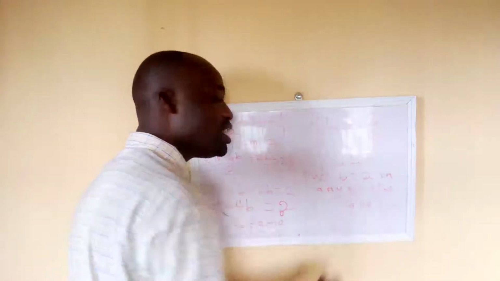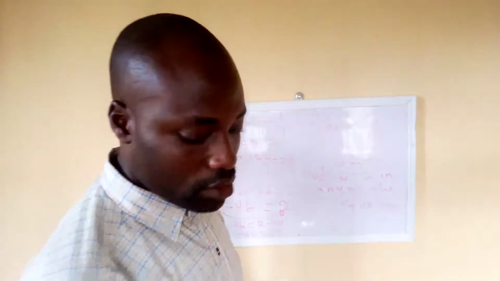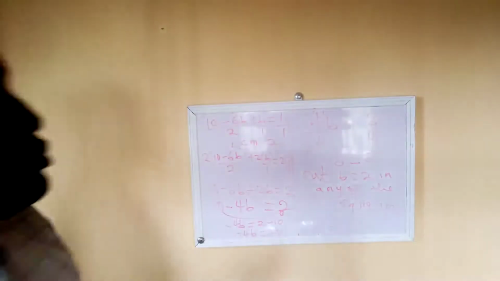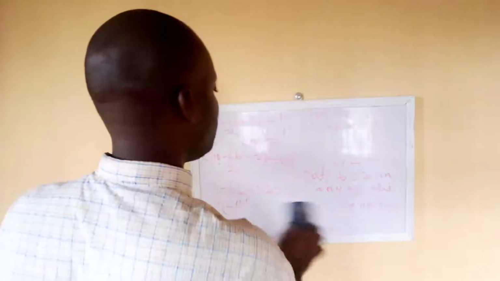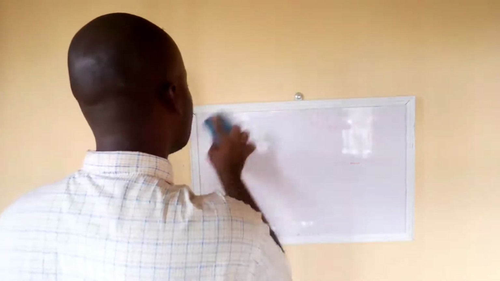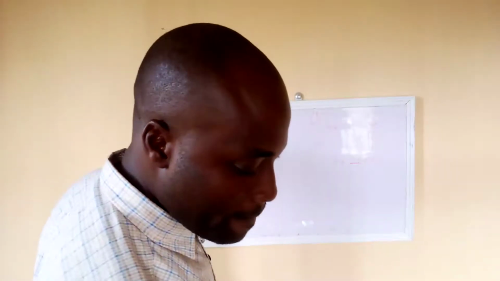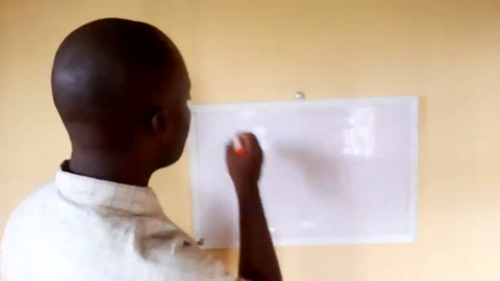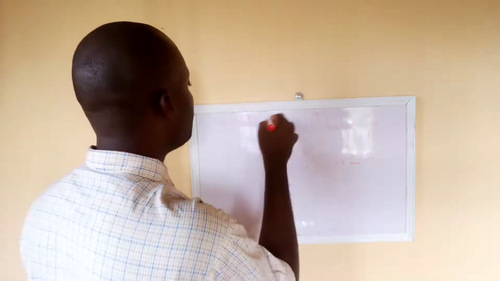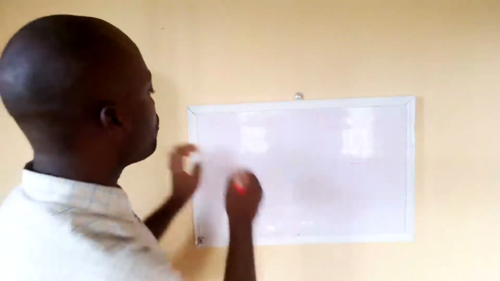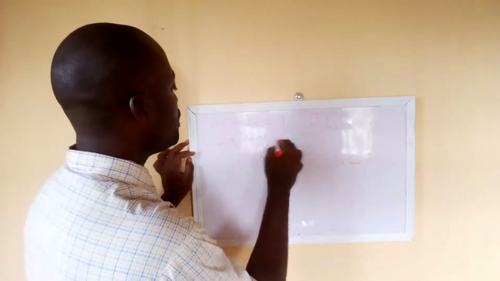Whether you are using equation 1 or equation 2, you are still going to get the same answer. So let us use equation 2. 2a plus b is equal to 1. Meaning, anywhere we see b now, we'll put 2. So 2a plus 2 equal to 1.